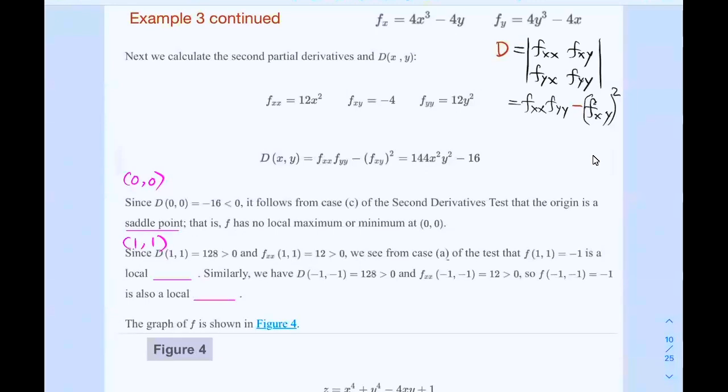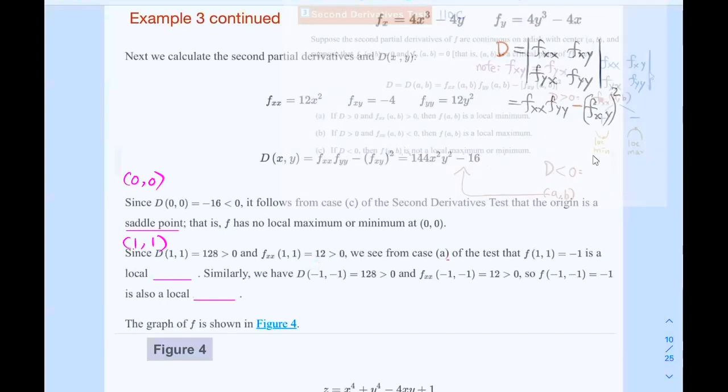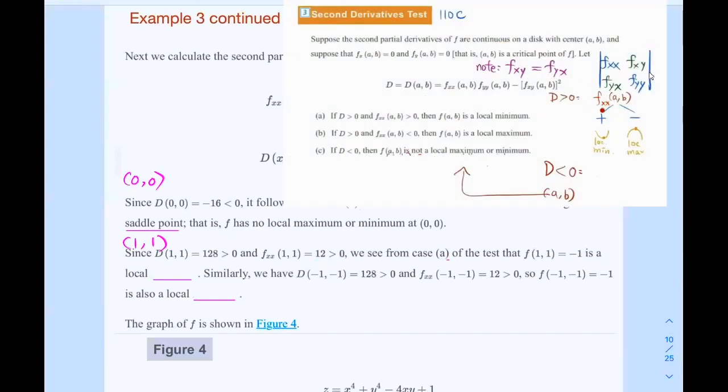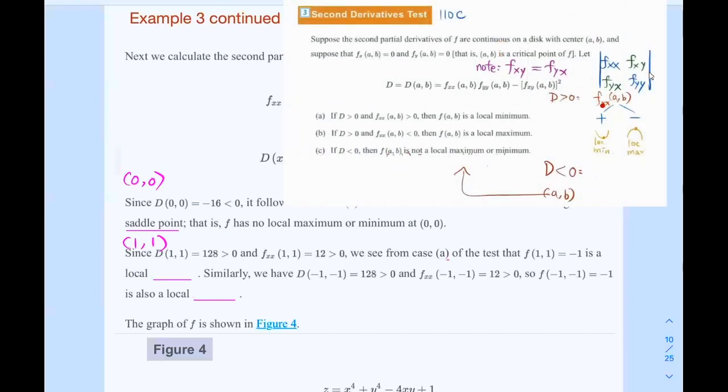Remember that. Think about the second derivative test. When fxx here is positive, it's kind of like concave up, right? So that point has to be a local minimum. Yes, local minimum. We got it.